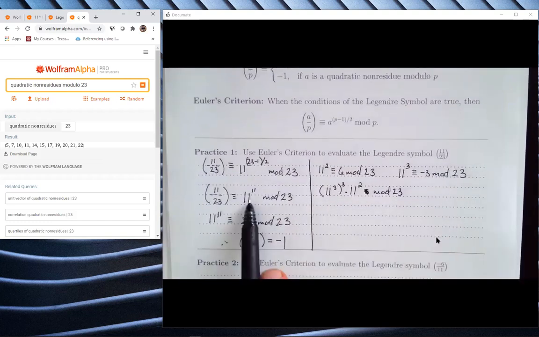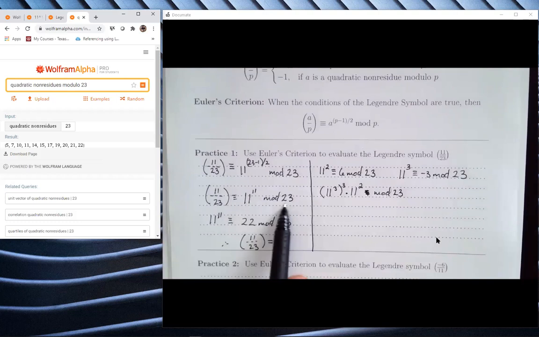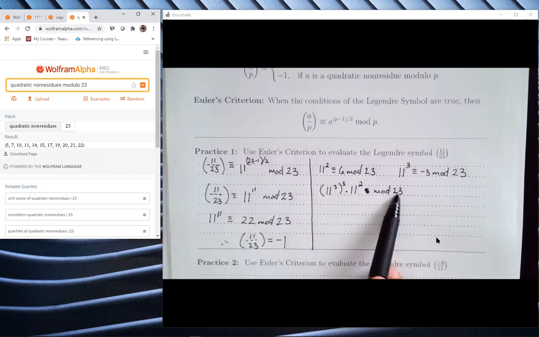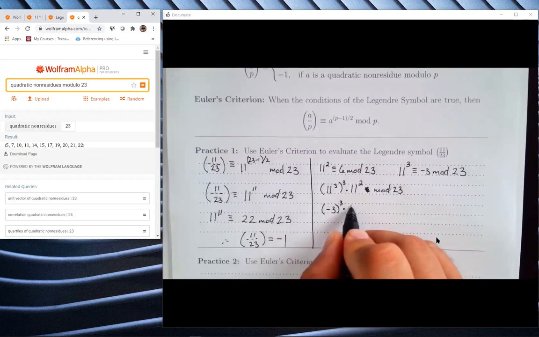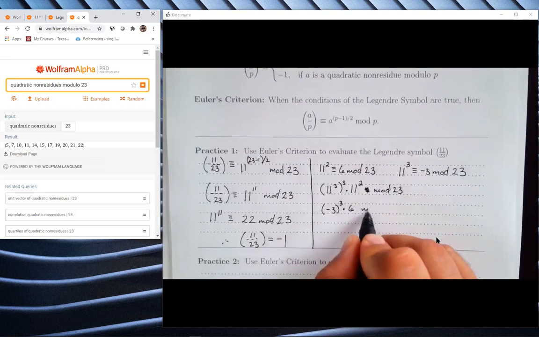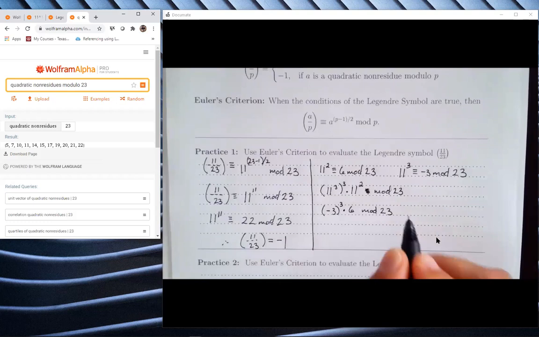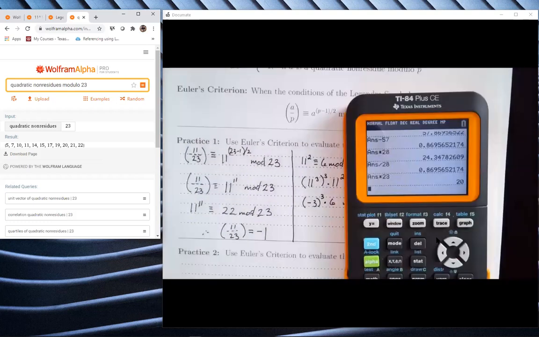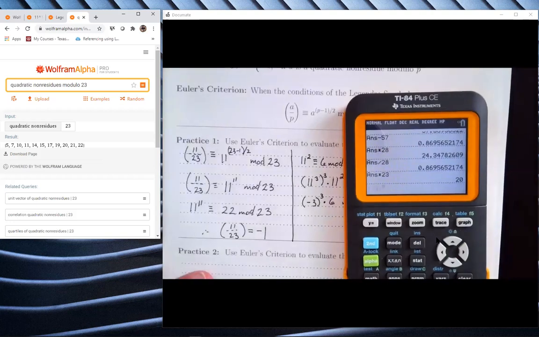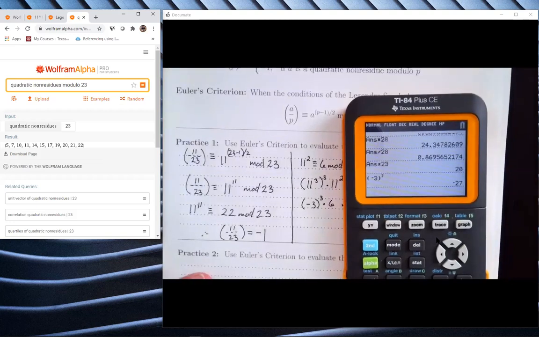I'm looking for 11 to the 11th mod 23, which I could write in this form, which really I could write as -3 cubed times 6 mod 23. Okay, well, what is -3 cubed? We should know that -3 raised to the 3rd power is -27.